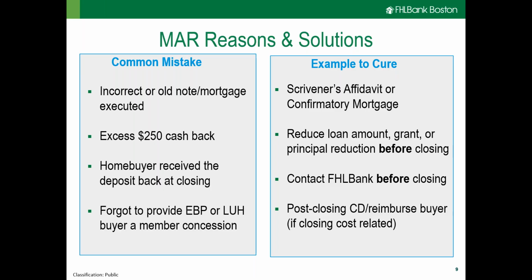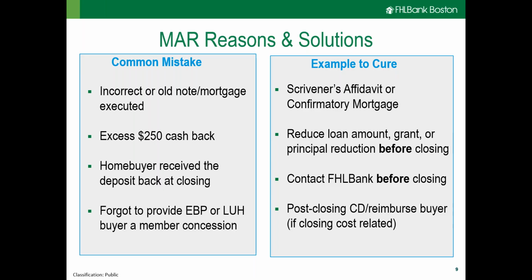If it's the mortgage, we do understand that's going to take some effort and execution from your closing attorney. So either a Scrivener's affidavit or a confirmatory mortgage, depending on what the incorrect information entails.